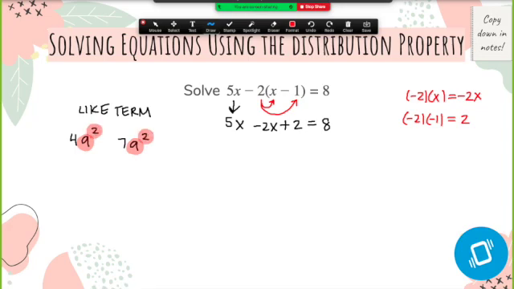So over here, I see that we have two like terms, which are positive 5x and negative 2x. So I'm going to combine those together. 5x minus 2x equals 3x. Drop down the 2, and that equals 8.